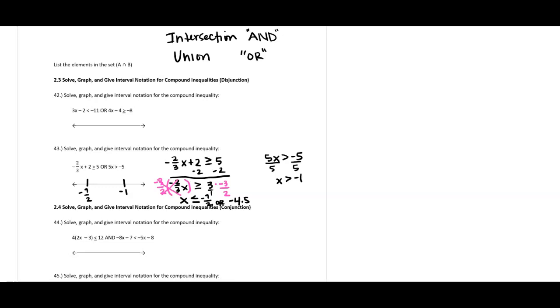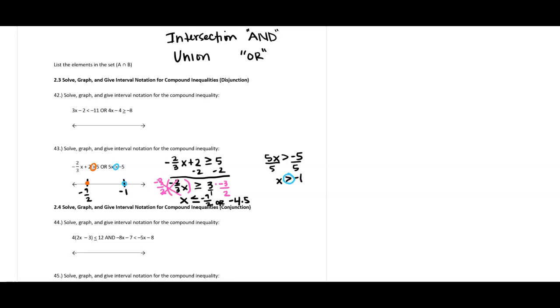Since this has the equal to part, that means that's going to be a closed-in circle by my 9/2. Where on my other one, by my 1, that's going to be an open circle there. Okay.